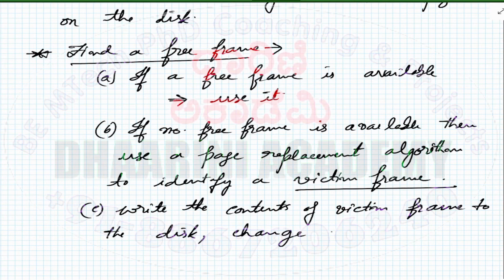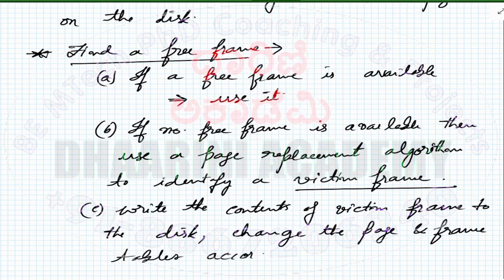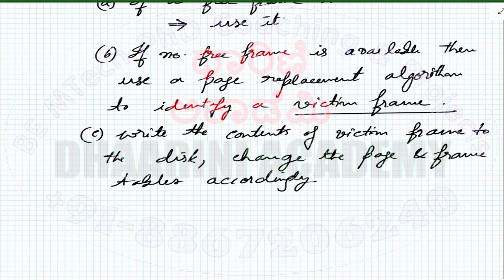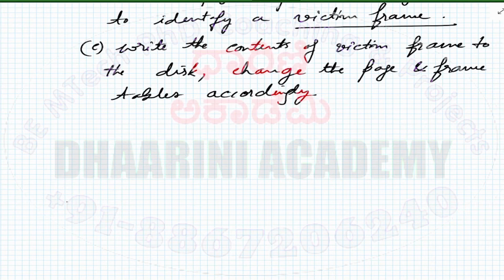So change the page and the frame tables accordingly. Once either of these three, A, B or C, is completed, we know that we have a free frame with us. So that will be the second step in this page replacement concept.